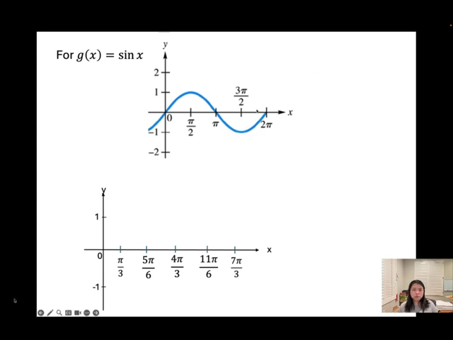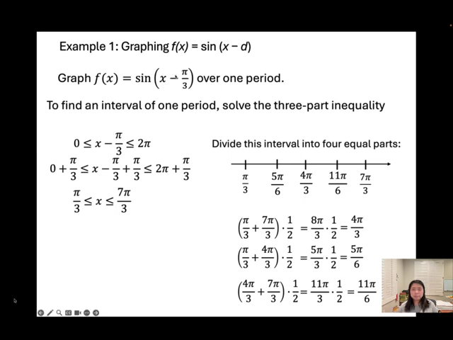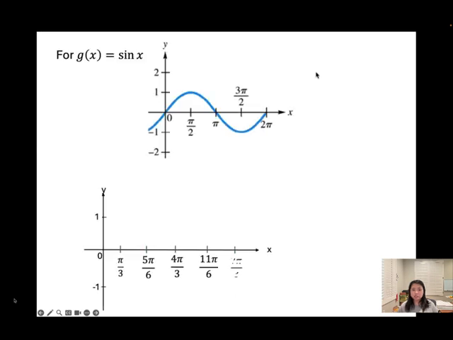Since the graph is going to be shifted to the right, pi over 3 units, right? Look at here again: x minus pi over 3. So we know we're going to shift the sine curve to the right, pi over 3. Okay, so this is a 0 point. We shift to the right, pi over 3, the first point.